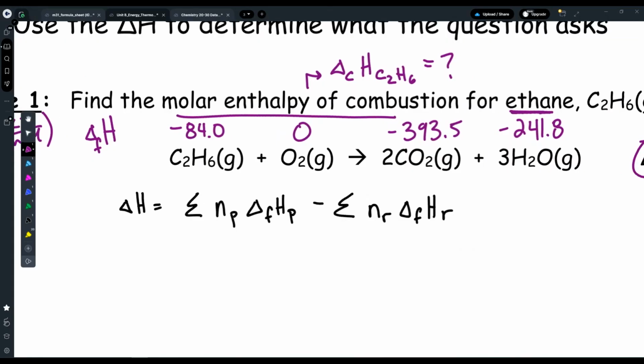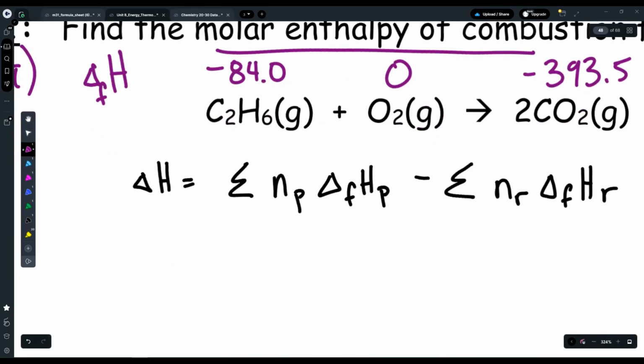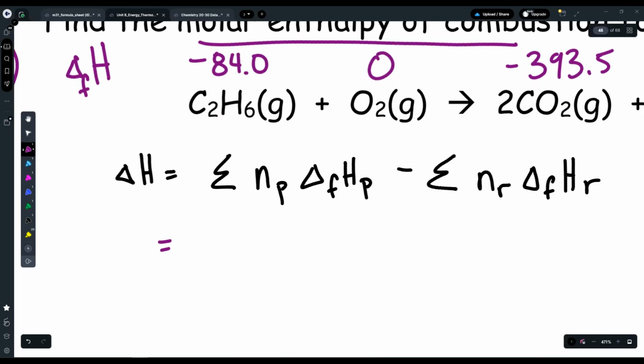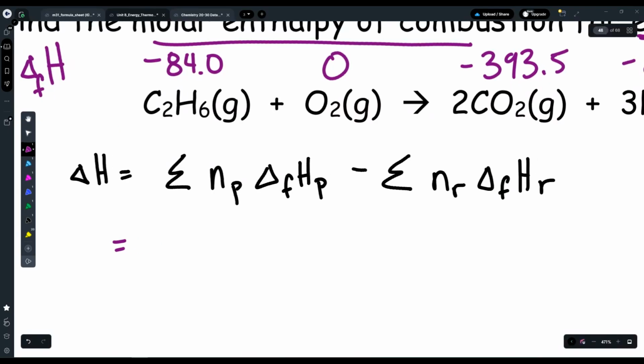So what I'm going to do is start off with my products here. And what I'm also going to do is color code everything, so that your eyes can track where each piece of information is coming from.